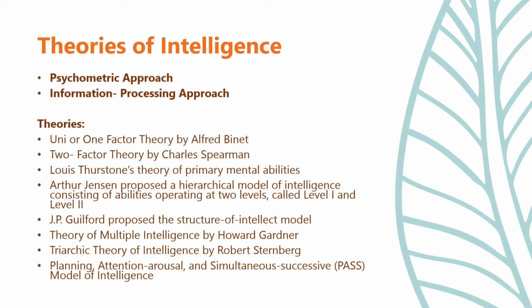This gave rise to Charles Spearman's two-factor theory in 1927. In his theory, he stated that there are two factors of intelligence, that is, the G factor or general factor, and the S factor or specific factor. He used a statistical method called factor analysis to determine these factors.